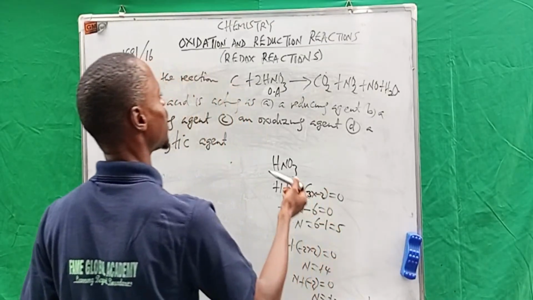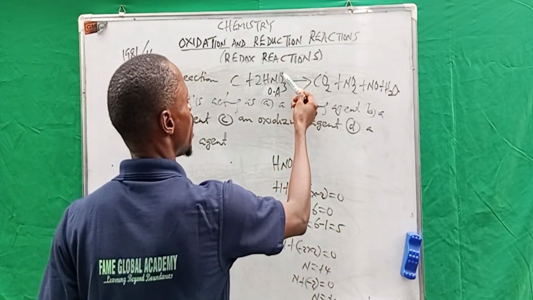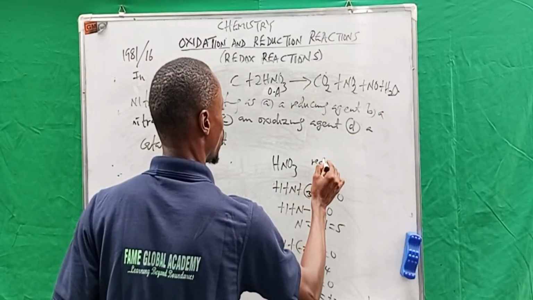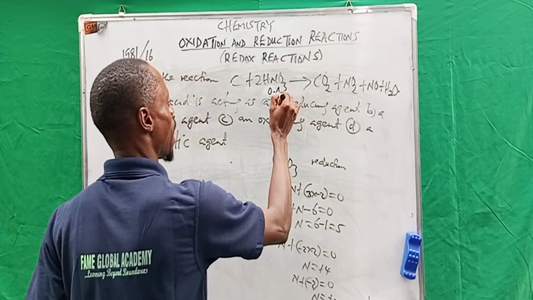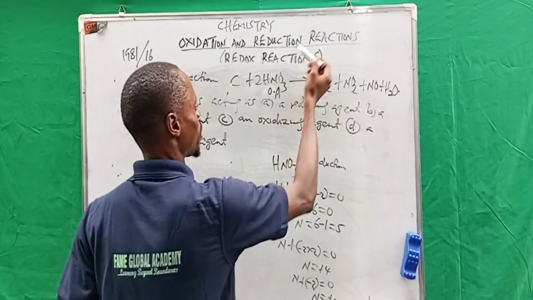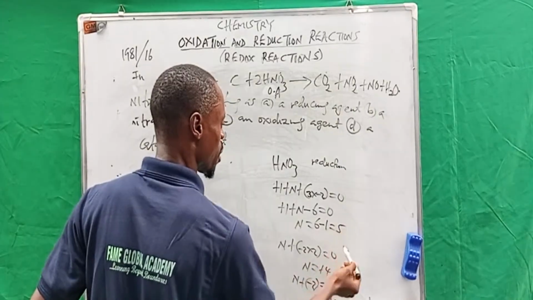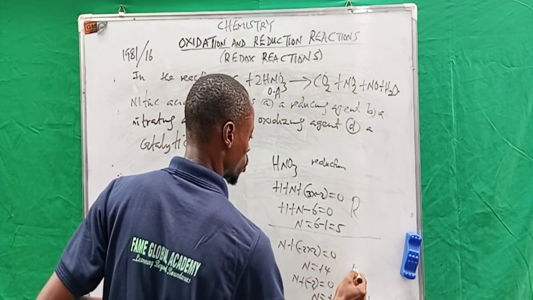So you agree with me that there's a decrease in oxidation number as we move from here to here. And decrease in oxidation number is what we call reduction reaction, which is possessed by an oxidizing agent. An oxidizing agent is the one that is reduced, and reduction has to do with what? Decrease in oxidation number. This is from the reactant side down to the product side.